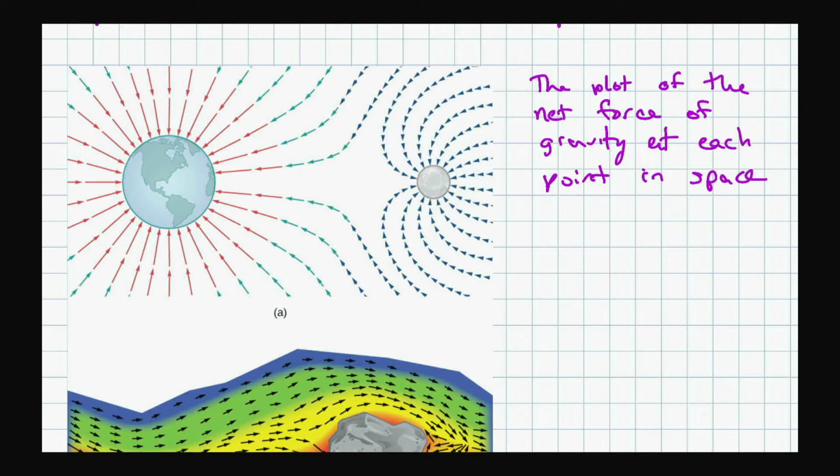If you're a little bit further away, once you get far enough away from the moon, then the force of gravity towards the Earth is going to be more important, and you'll end up going that way. They're just mapping out what the force is. So if you're sitting right here, you feel a force this way. If you're sitting right here, you feel the force this way. Not very much. That's why they draw it small. They draw bigger lines when you feel a bigger force, and smaller lines when you feel a smaller force.